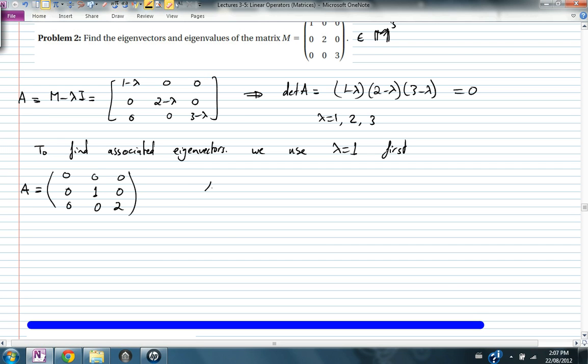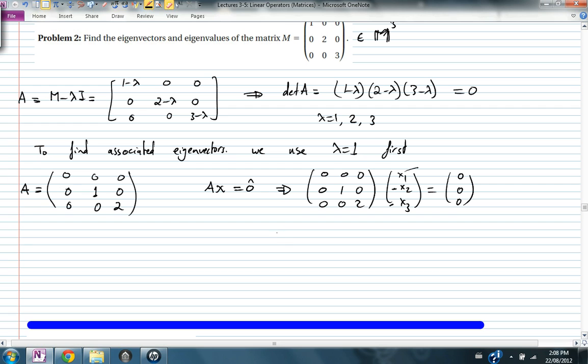Now I would like to know the x that, when I multiply A by it, I'm going to get a 0 vector. What should I put here? It's clear that to give me a 0 vector, I can put anything here. I have to put 0 here and I have to put 0 here.